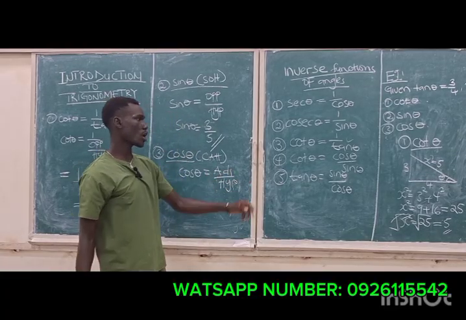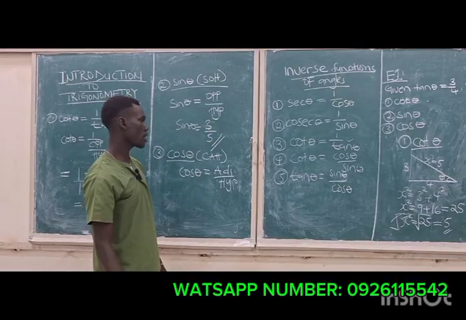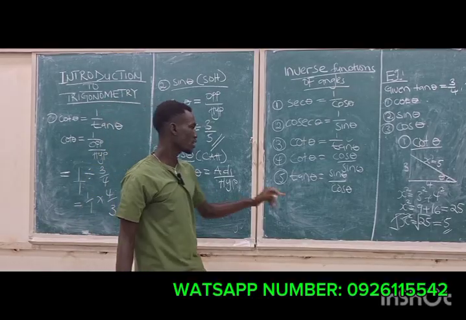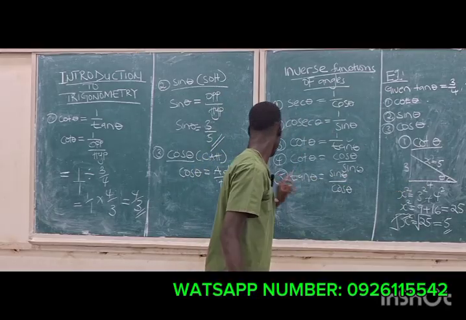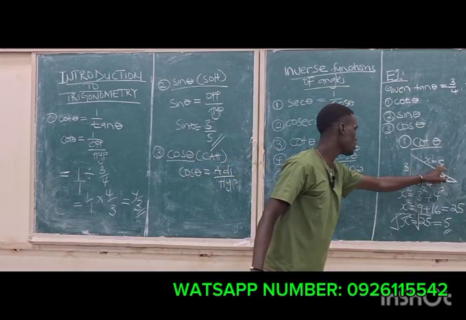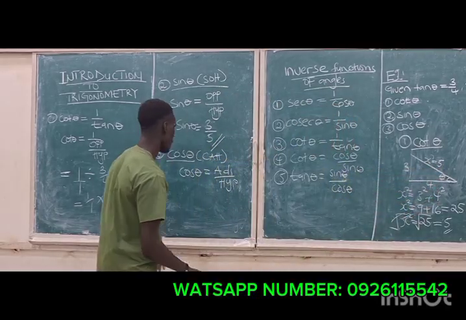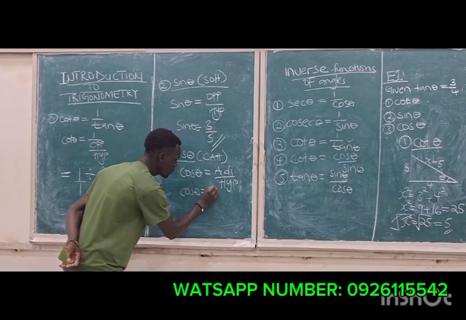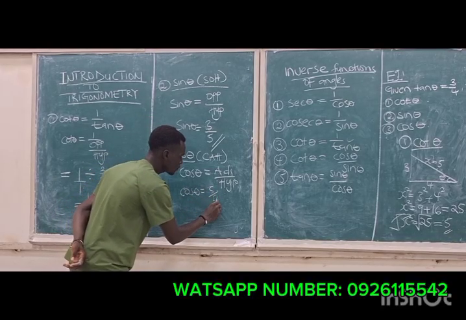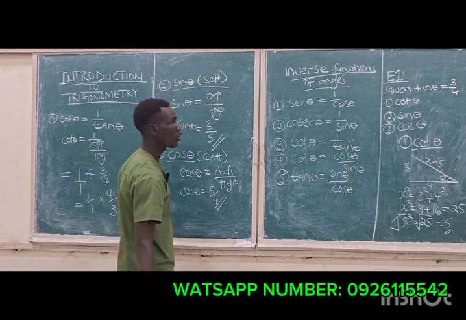Now let's go back to our diagram. We say that cos theta is equals to adjacent all over the hypotenuse. That means it is 4 out of 5. Say cos theta is equals to 4 out of 5.